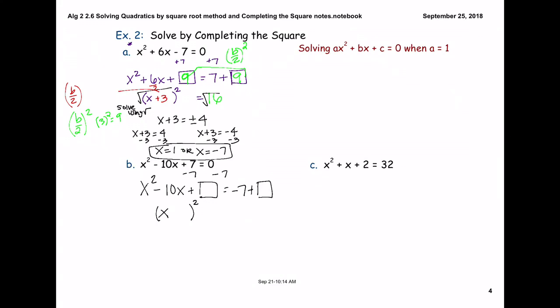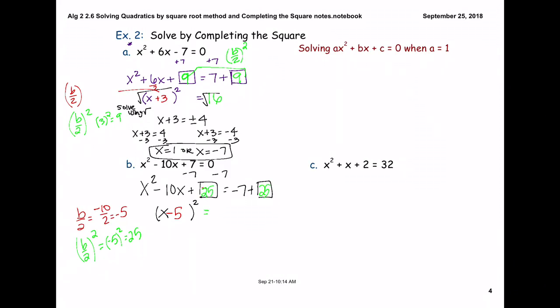We are going to do b divided by 2. So negative 10 divided by 2 gives us a negative 5. In our binomial, b divided by 2 squared is going to go in our boxes. Negative 5 squared gives us a positive 25.